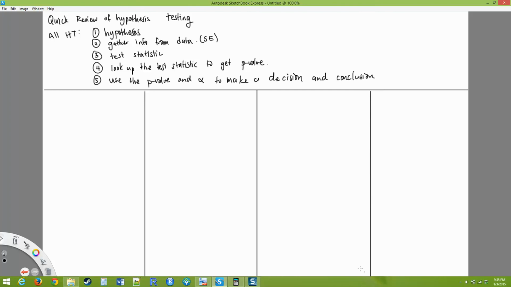We have hypothesis tests for one sample of data with a categorical variable, for 2 samples of data with a categorical variable, for 1 sample with a numeric variable, and for 2 samples also with a numeric variable.